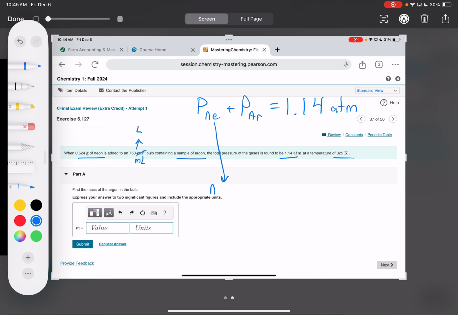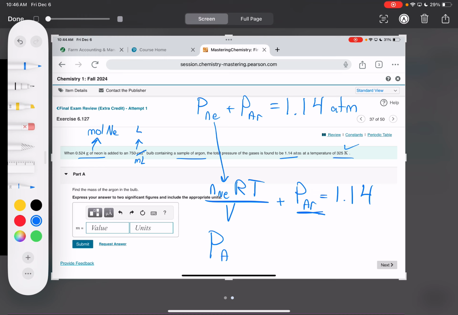We would do moles of neon, RT, over volume, because volume is for the whole thing and T is for the whole thing, plus pressure of argon equals 1.14. If we plugged in all of that, we solved this for moles of neon, we solved this for liters, this is already in Kelvin, we could determine what the pressure of argon is.